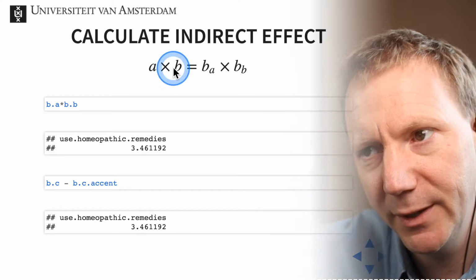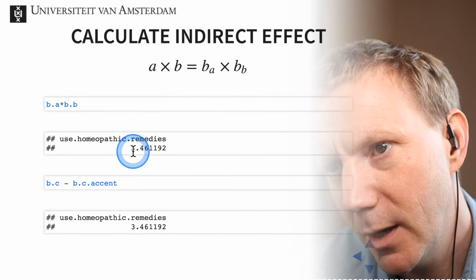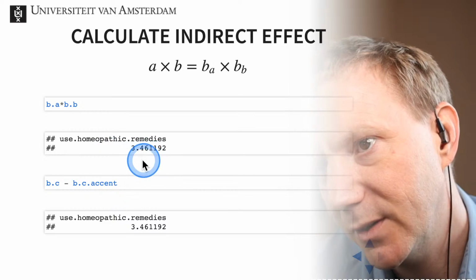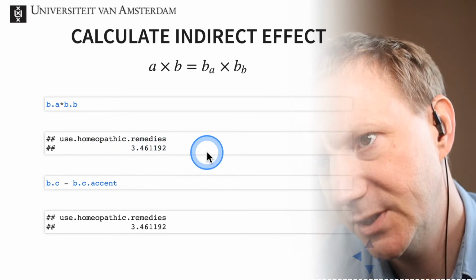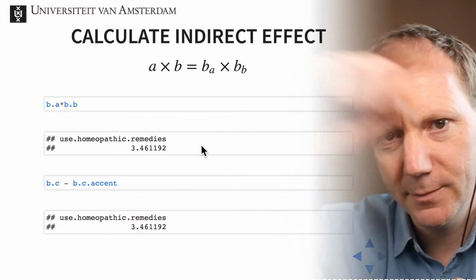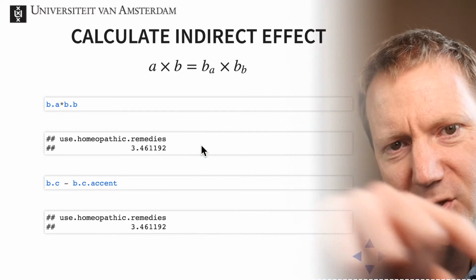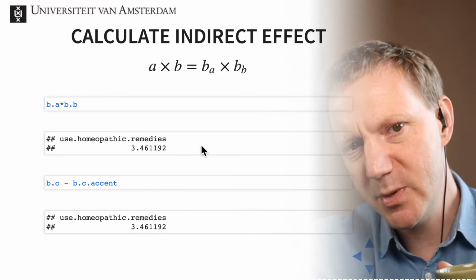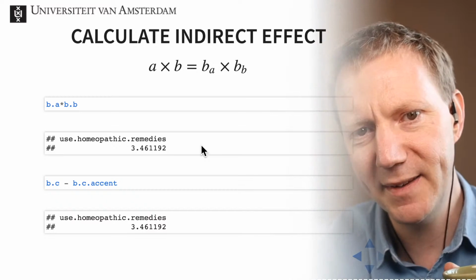And if we do that, we get an indirect effect of 3.461192. So if people are showing such a graph and going A times B, then that is the path that they take.